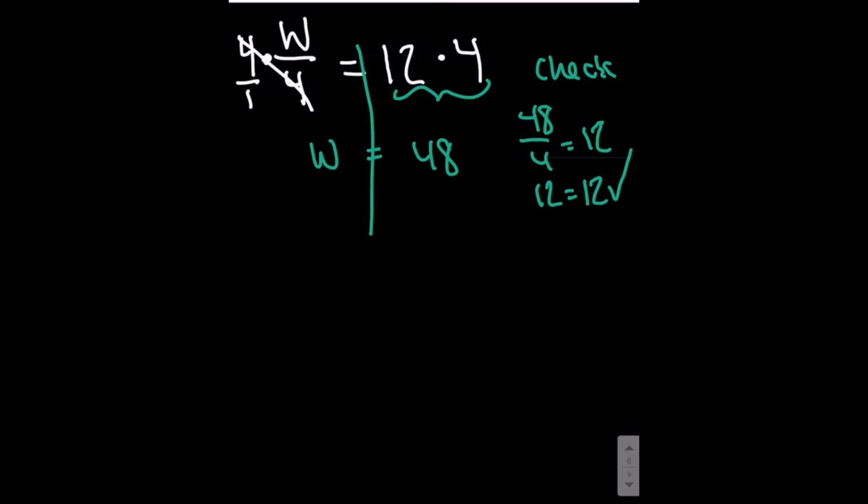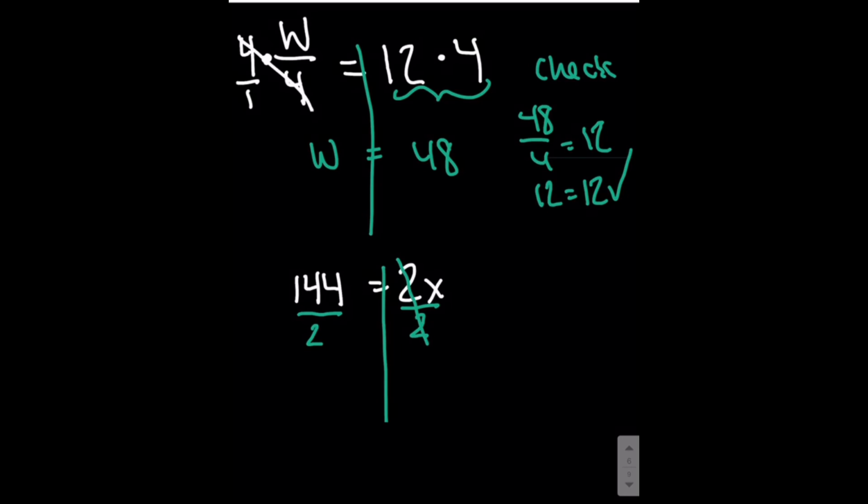Now let's do 3 more examples. Okay, so let's do 144 divided by 2 equals 2x. Whoops. 144 equals 2x. So for this type of problem, you're going to be saying, okay, this one is multiplication, so I must divide both sides by 2.